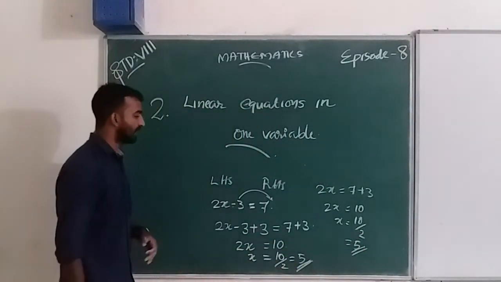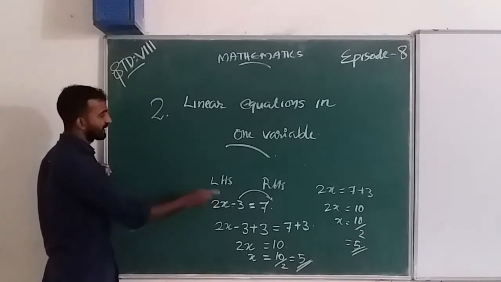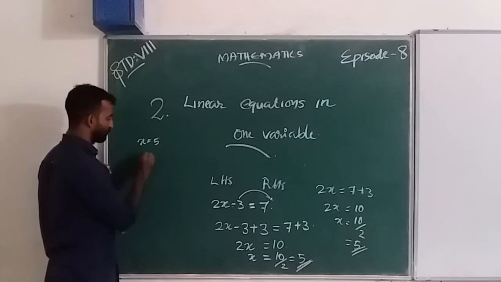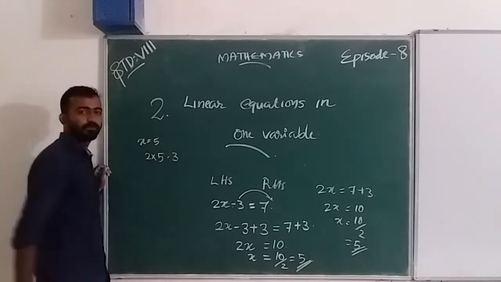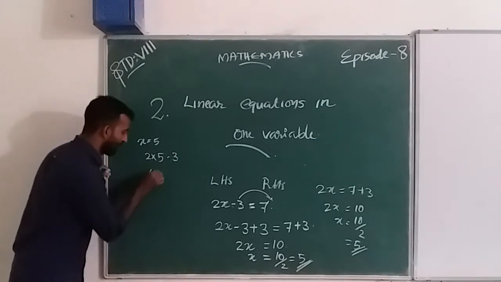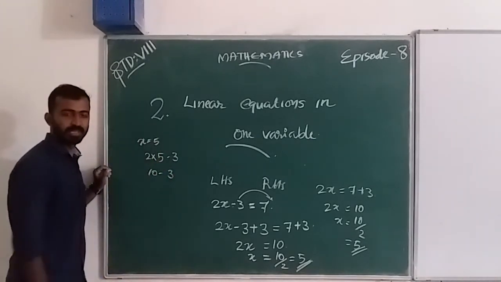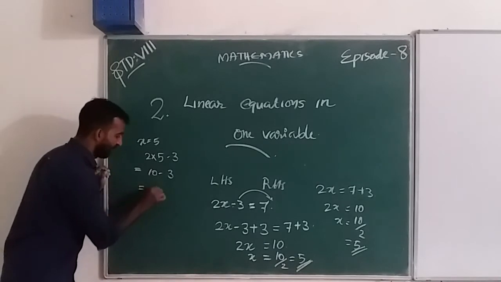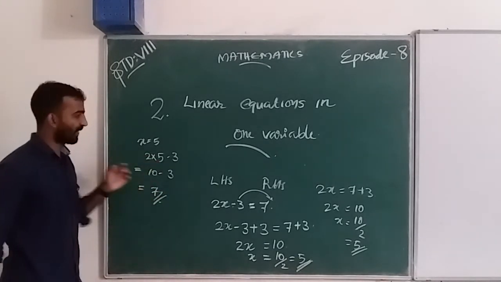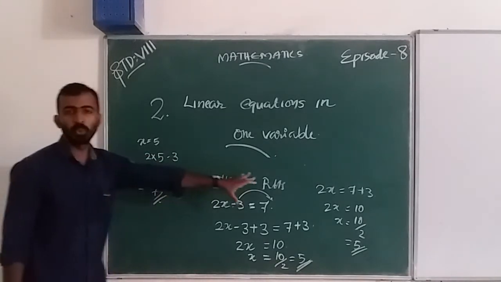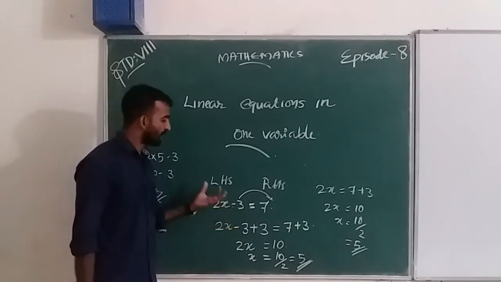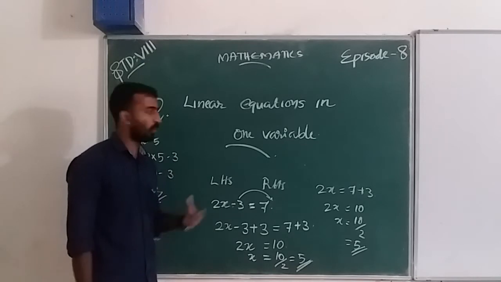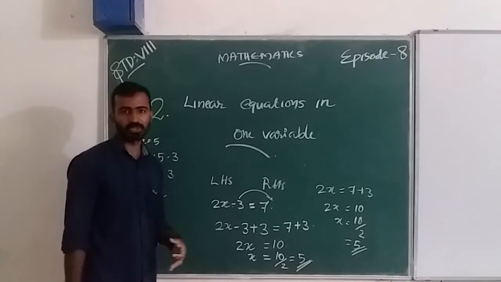We can check by putting x as 5: 2 into 5 minus 3 is 10 minus 3, that is 7. Our LHS is 7, equal to RHS. This is the way of solving the linear equation.